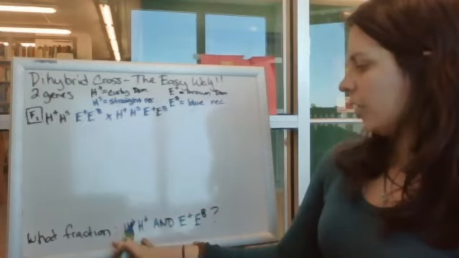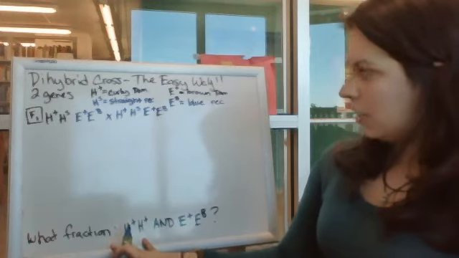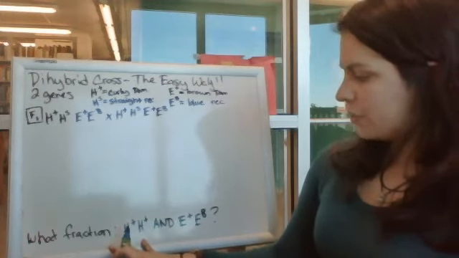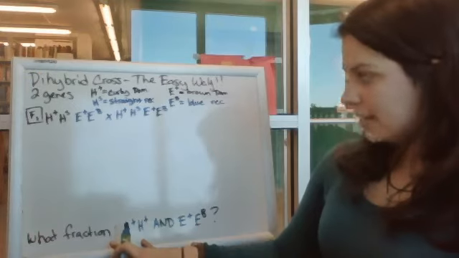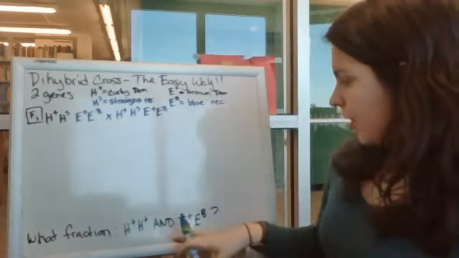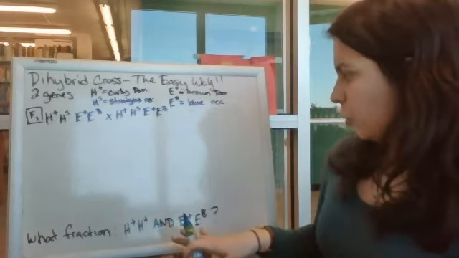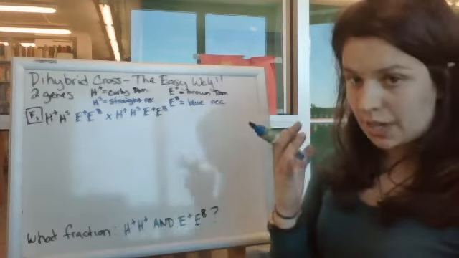And so now we're looking at what is the probability that you get an offspring that is homozygous dominant for the curly hair, and then heterozygous, E plus EB, for the brown eyes. So they're heterozygous brown eyes.